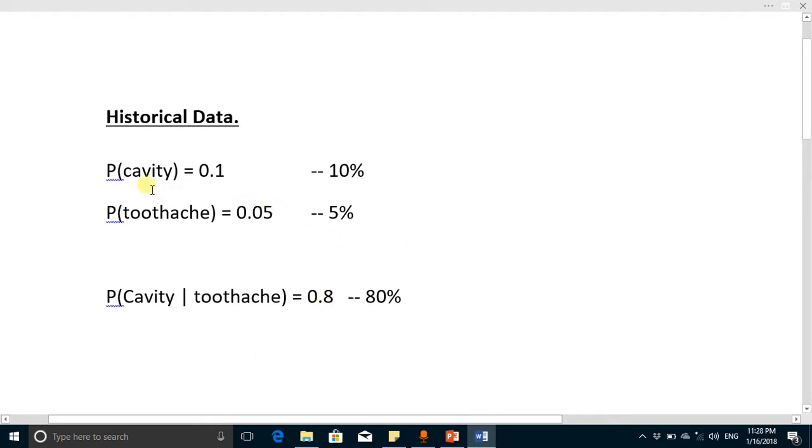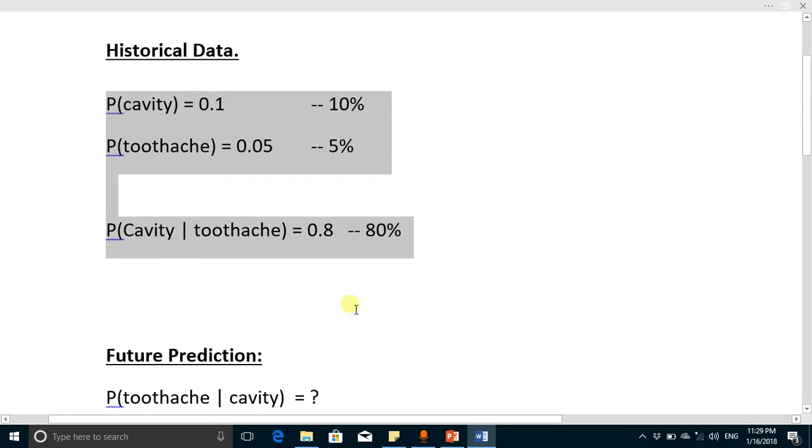So this is historical data, and we have to find the probability of toothache given the cavity. It means given a person has cavity, what are the chances that he may have toothache?